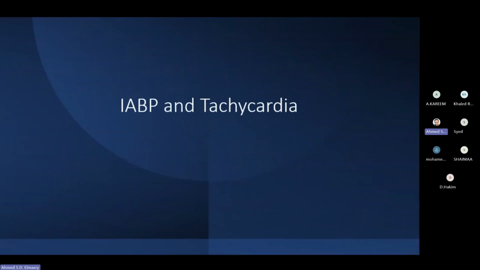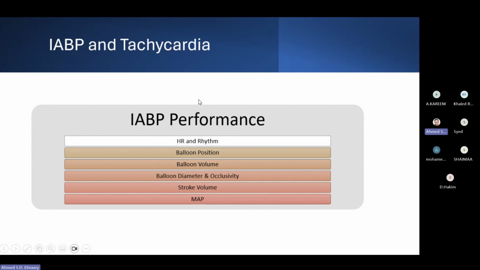What about the intra-aortic balloon and tachycardia? As we discussed before, there are different factors that affect the intra-aortic balloon performance, and one of these factors is the heart rate and the rhythm.